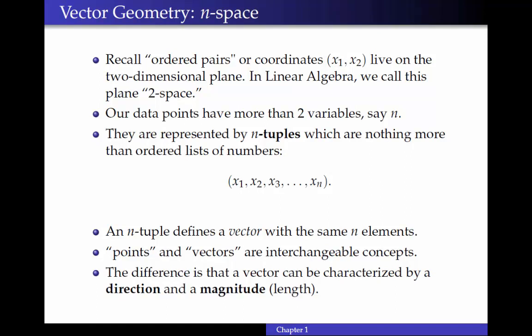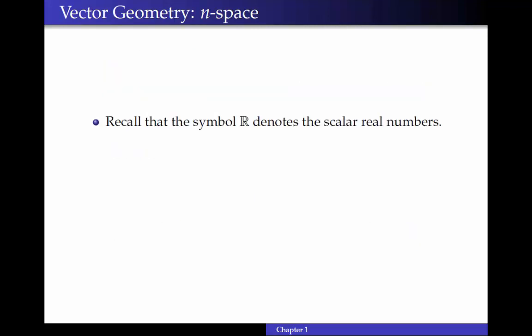The only difference is that a vector can be characterized by a direction and a magnitude. And we'll talk a little bit more about that in a minute, but you may recall that this R symbol denotes the scalar real numbers.